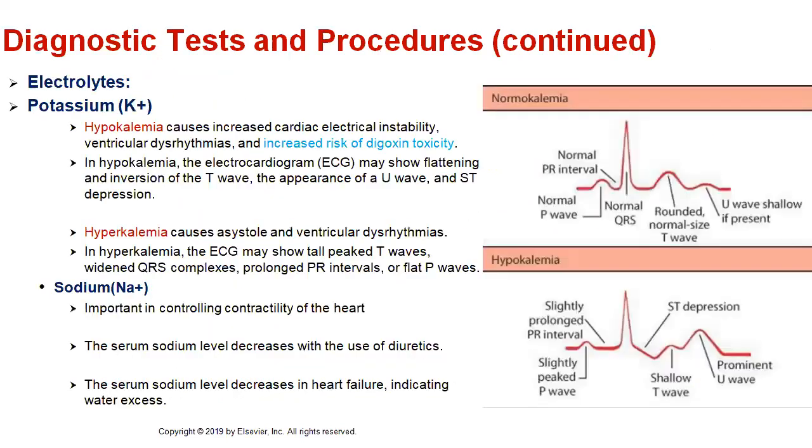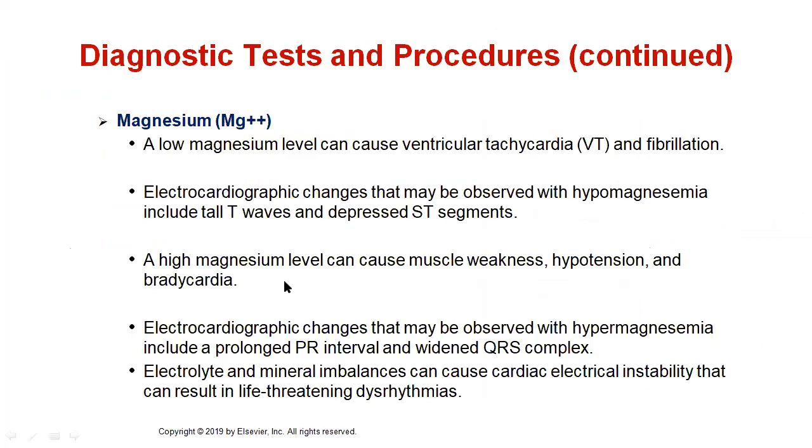So if I go back to this graph, this QRS complex should be widened and the PR interval should be prolonged, right?